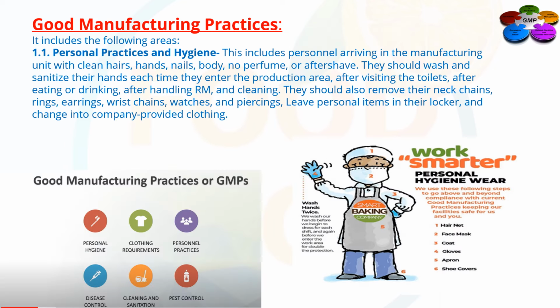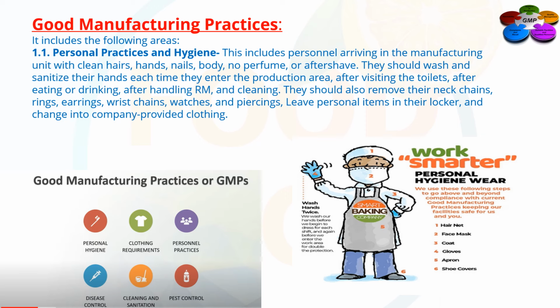Personal hygiene. When a person comes into the production area, what should they do? They should have clean hair and hands, their nails should be cut, they should bathe regularly, and they should not use perfume or aftershave.